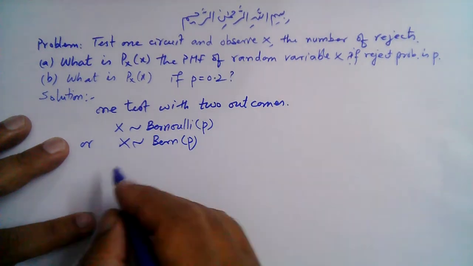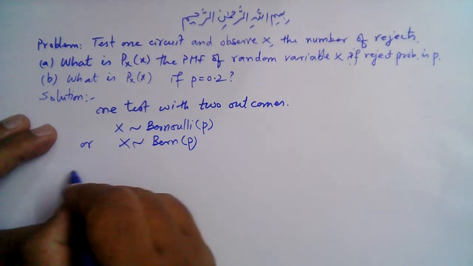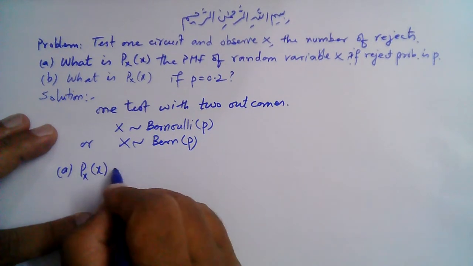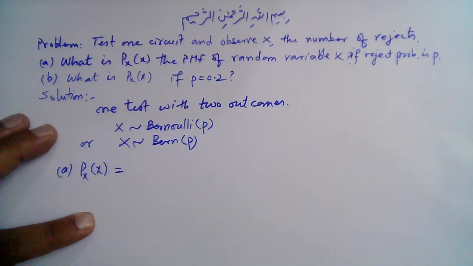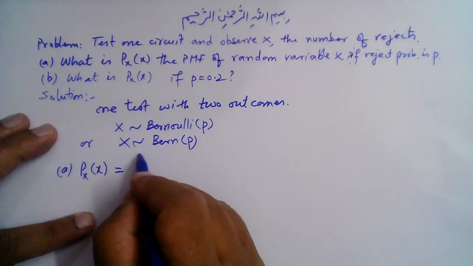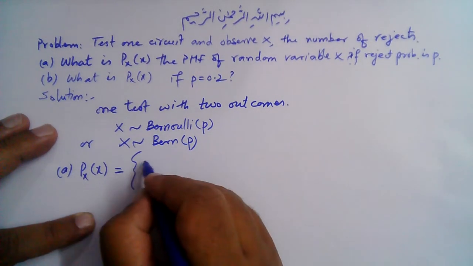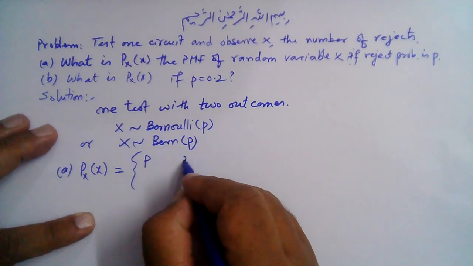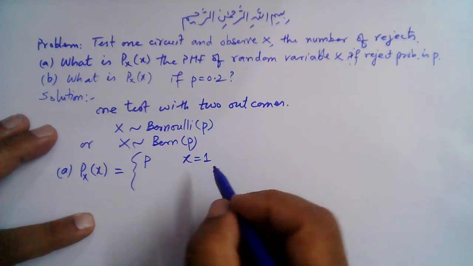So the PMF of this Bernoulli random variable is given by: the probability is p when we have a success, when X is equal to 1, when we have a reject.